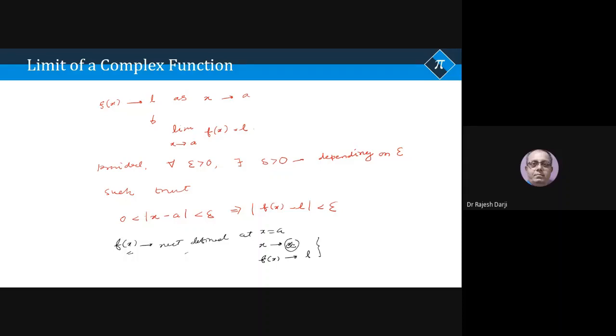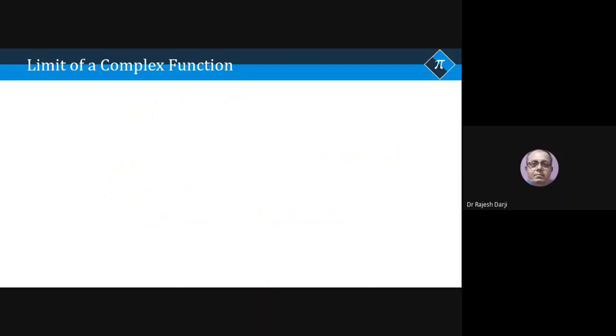I will give a very simple problem so you can understand better what we are going to see. Suppose you have a function f x equal to, look at this, x minus 1 divided by x square minus 1.